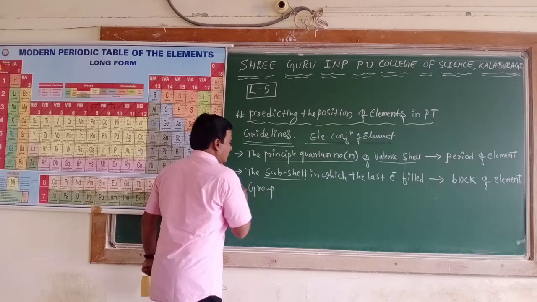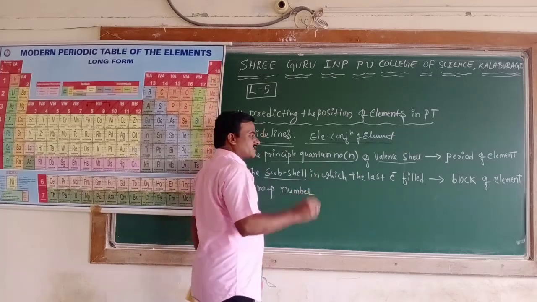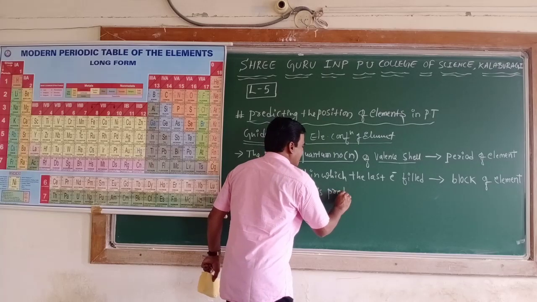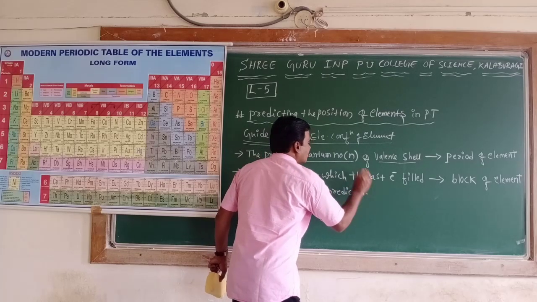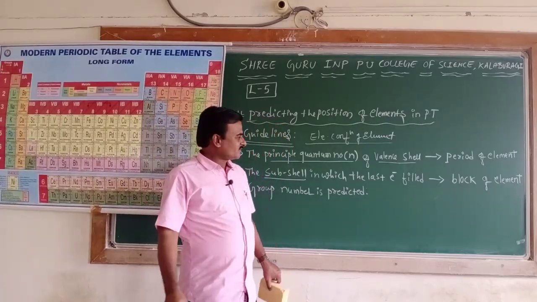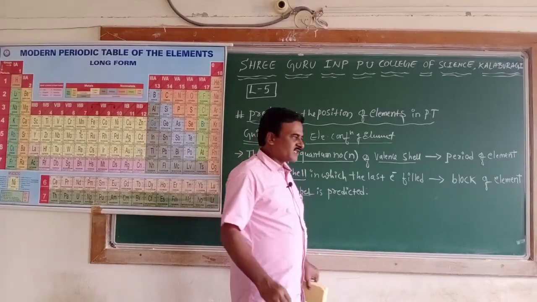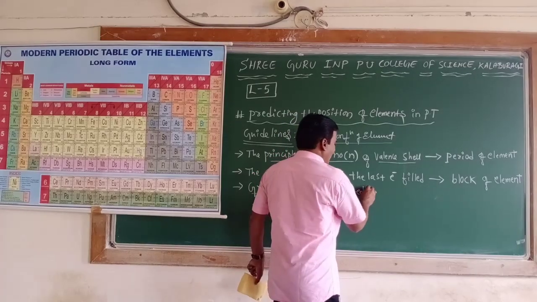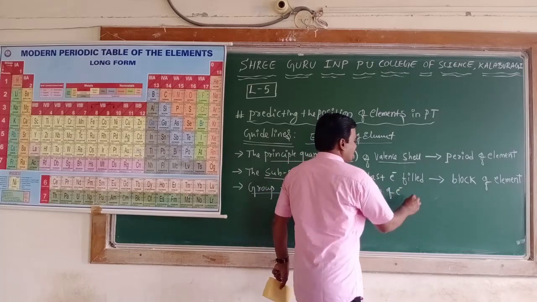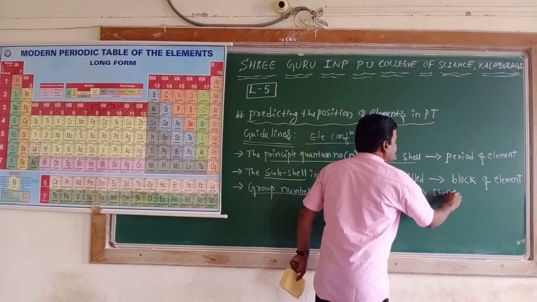Group number is predicted by the number of electrons in the valence shell.